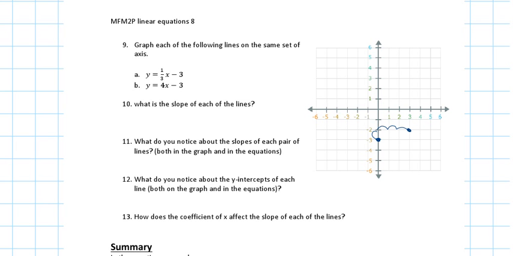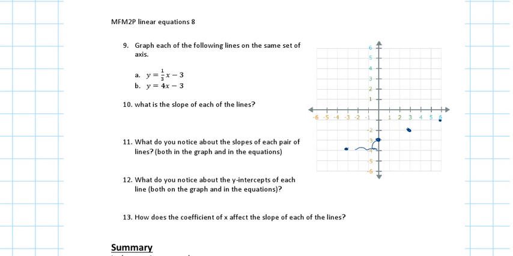And I go up 1 over 3, 1, 2, 3. I have another point right here. If I was going to go from here down 1, which way do I go 3? To the left, yeah. So I can have another point here if I want to. I don't need it, just for you to know that you can do that, okay?